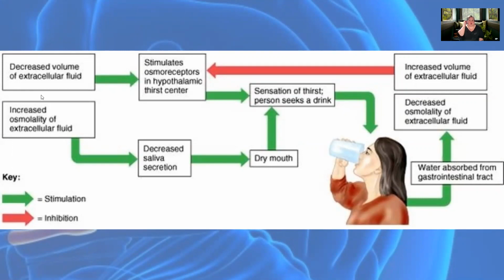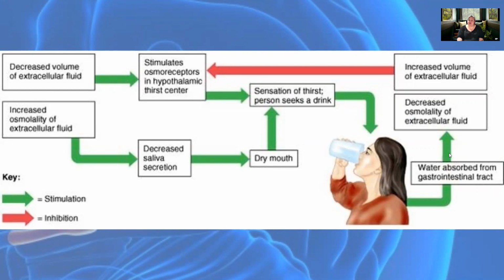And then when we lose fluids, we're going to have stimulation of osmoreceptors in the hypothalamic thirst sensor. It shouldn't be any surprise that the hypothalamus is involved here. Again, that's going to give us the sensation to drink. We look for water and then we drink, and our gastrointestinal tract is going to absorb the water that we need.